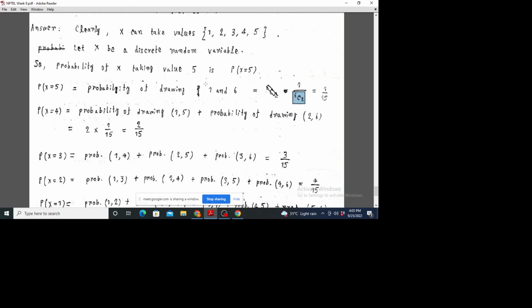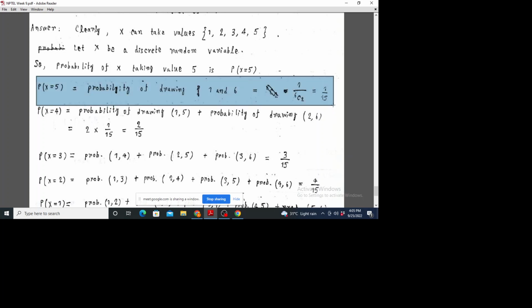So out of the total 15 possible choices of drawing two distinct numbers from the first 6 integers, you have to draw precisely one, and that is why the probability is 1 by 15. 6C2 is 15. So P(x = 5) is 1 by 15.